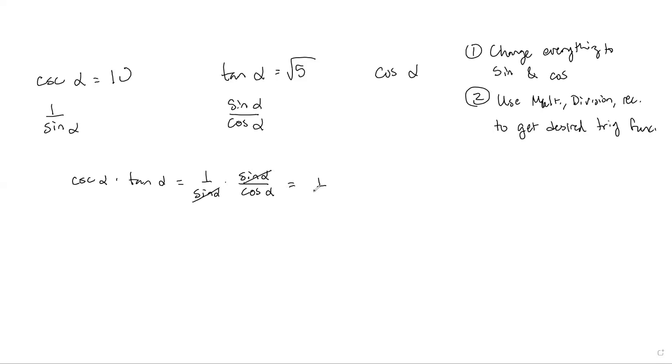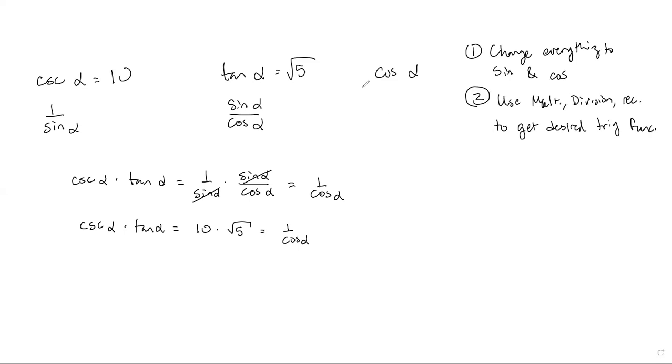We get 1 over cosine alpha. And that's going to give us secant. So all we have to do is just take the reciprocal. So cosecant of alpha times tangent of alpha gives us 10 times square root of 5. That's good, but that's going to give us 1 over cosine alpha.